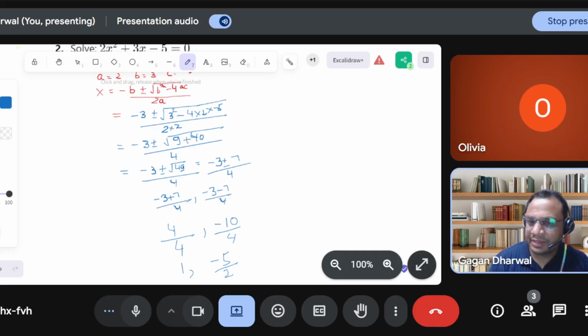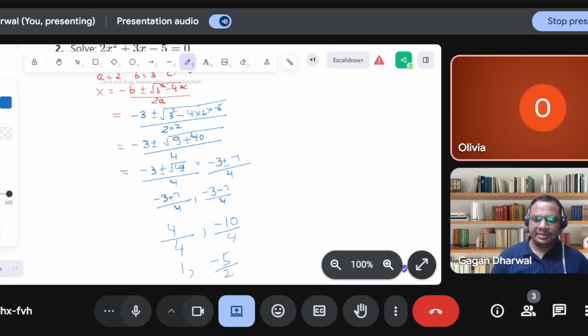If you take the plus, you get 4 upon 4, because minus 3 plus 7 is plus 4, so 4 upon 4 is 1. If you take the negative sign, you get minus 3 minus 7, which is minus 10 upon 4, and if you simplify a little, you get minus 5 upon 2.